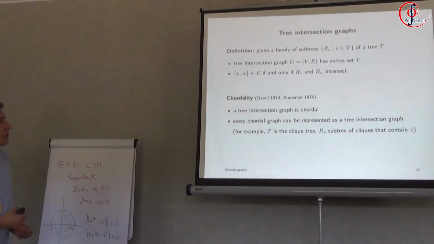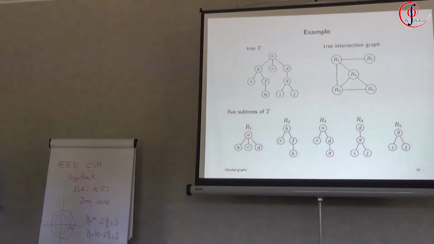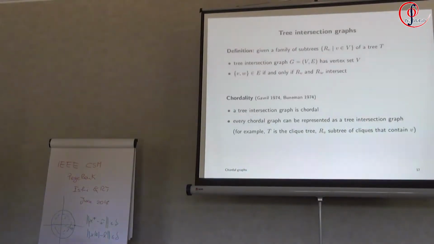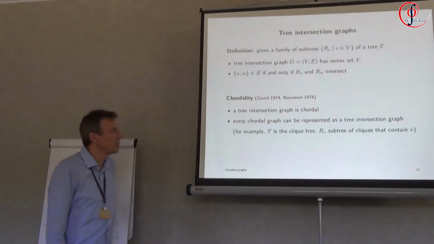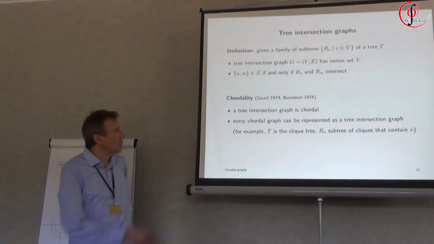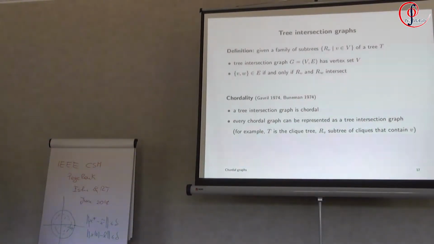And then there is also another basic result that says that all tree intersection graphs are Chordal. So every graph you construct in this fashion is Chordal. And then also every Chordal graph can be represented as a tree intersection graph, and we've seen already one way to do this, and we'll see one or two more. For example, a clique tree is one way of representing the graph as a tree intersection graph.